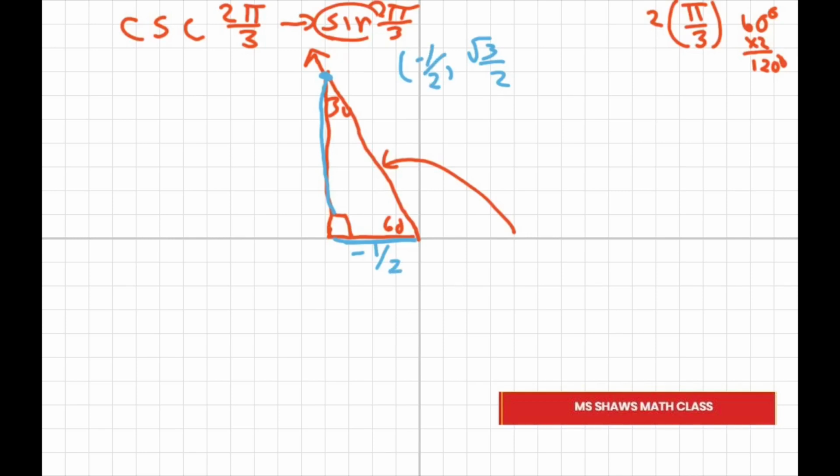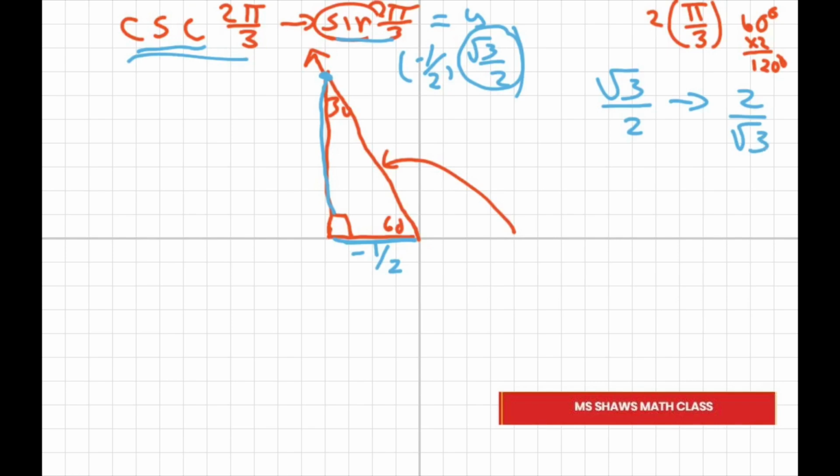And then I don't do cosecant, I do sine. So sine of 2 pi over 3 is your y, which is square root of 3 over 2. And then I just flip it for cosecant. So you flip that, and that's going to be 2 over square root of 3. So that's basically your answer.